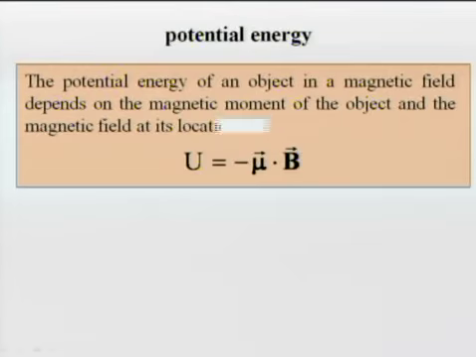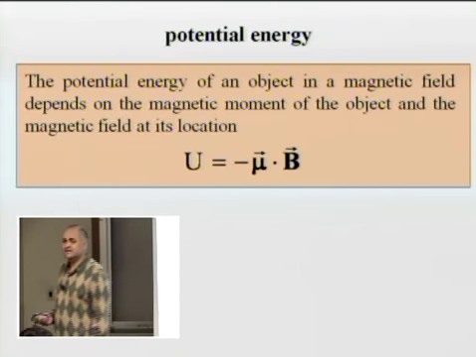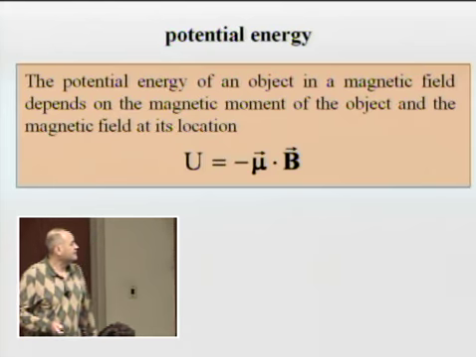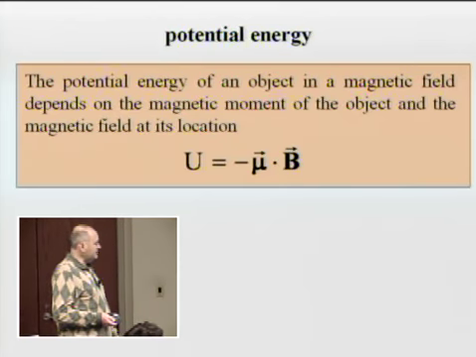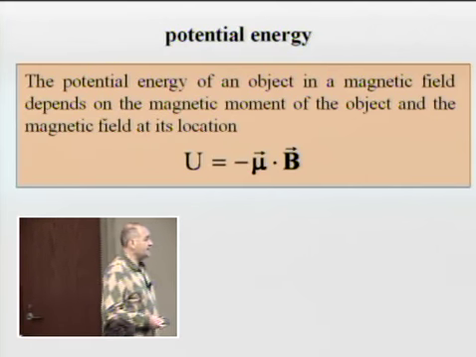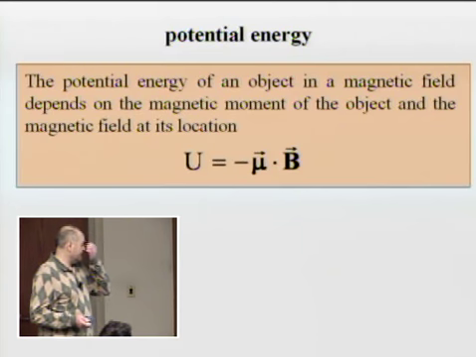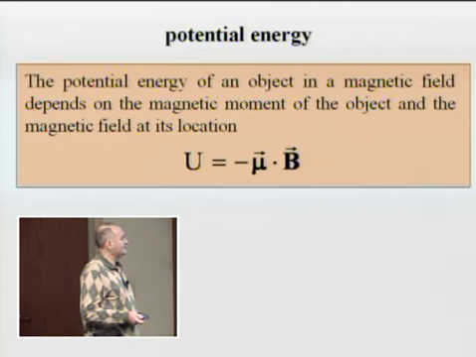All right. Now, just one more subject which I would like to discuss is that if we place a magnet or an object which has a magnetic moment in a magnetic field, then there will be magnetic potential energy associated with it. I'm not deriving this formula.